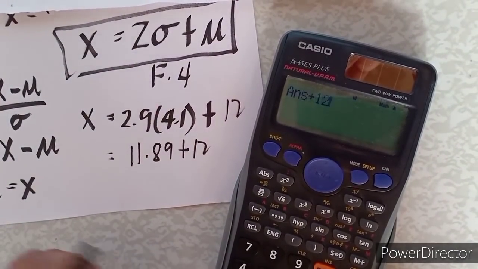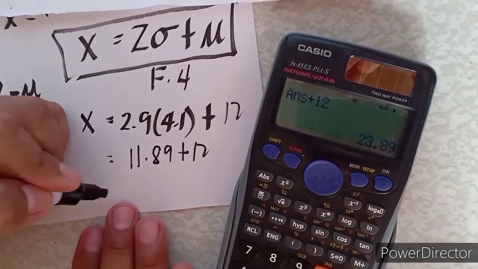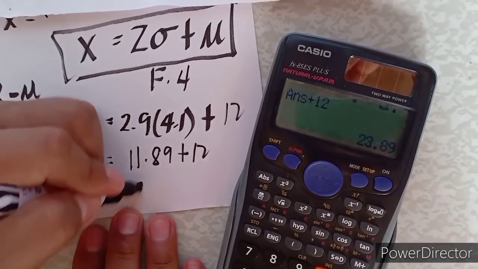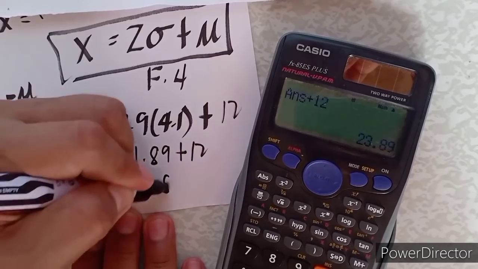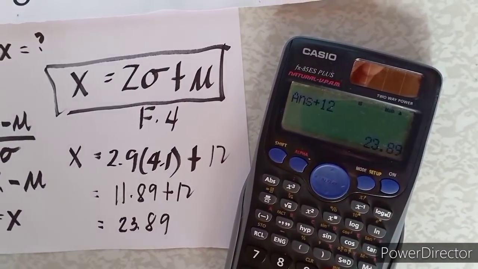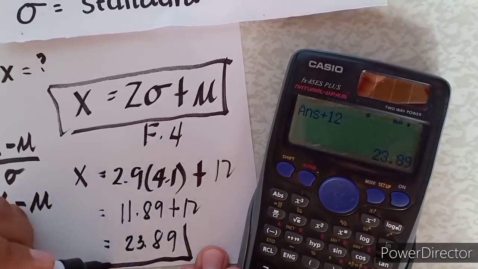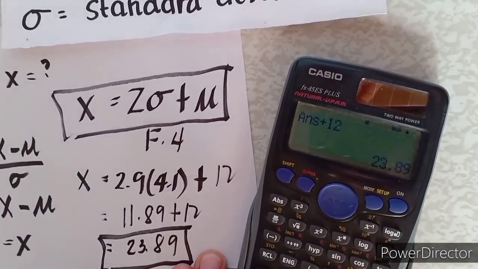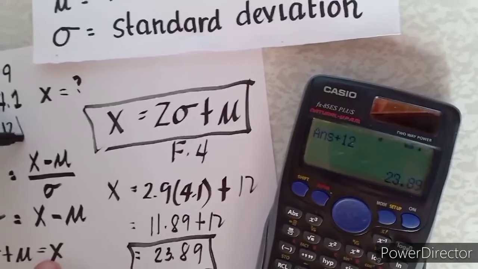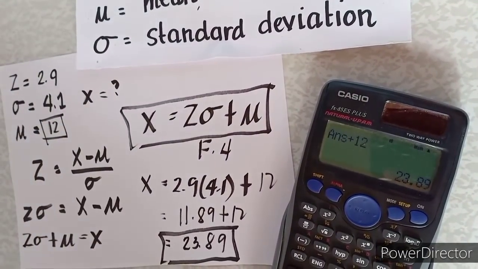Our normal value is 23.89. Take note, always, the normal value is greater than the mean when Z is positive.